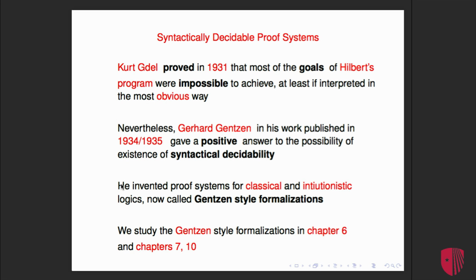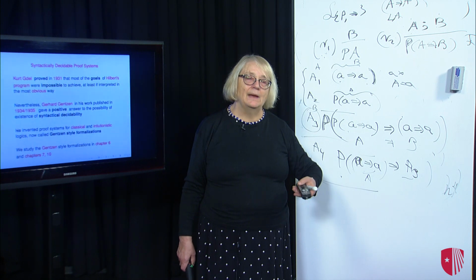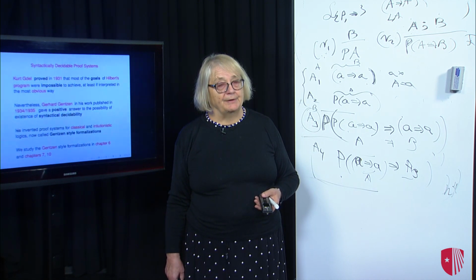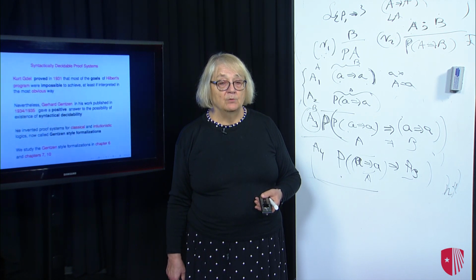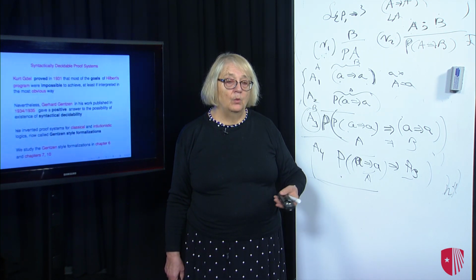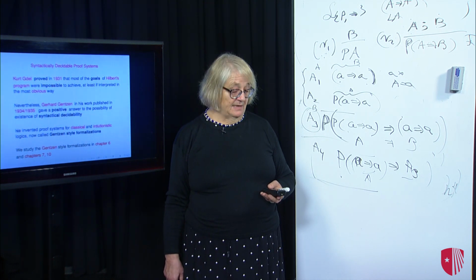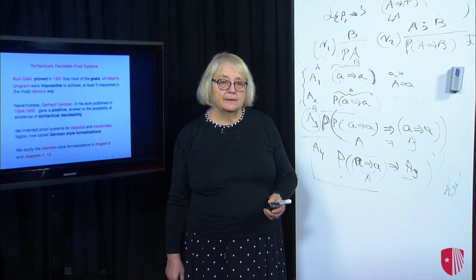He invented the proof systems for classical and intuitionistic logic, which are called Gentzen type formalization, and proved syntactical decidability, not defined the way we define it now in modern language, for the propositional part of both logics. And we will study the whole Gentzen type formalization in chapters 6, 7, and 10. This is a very important part.